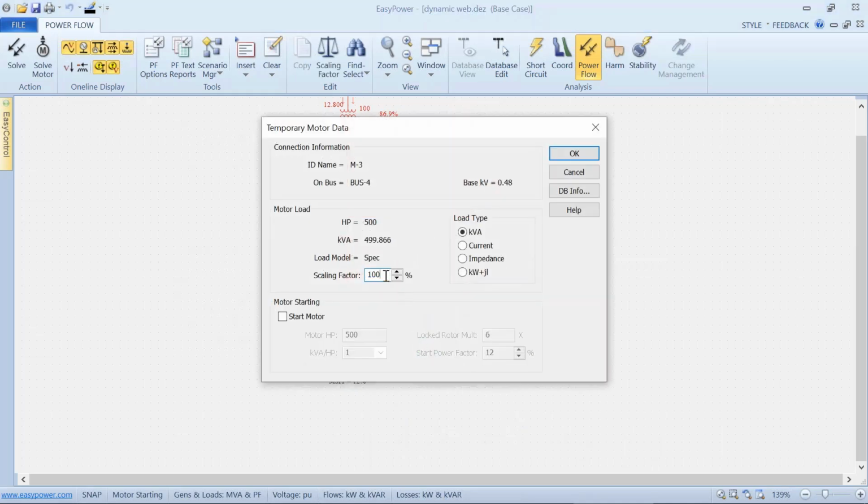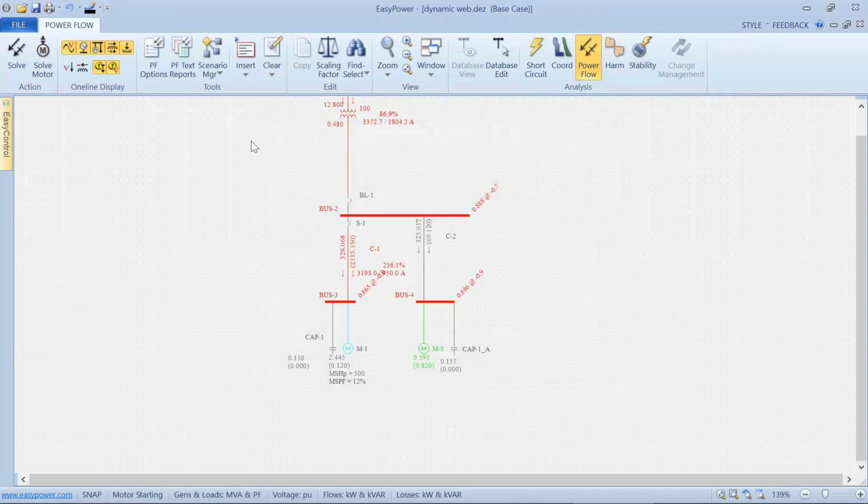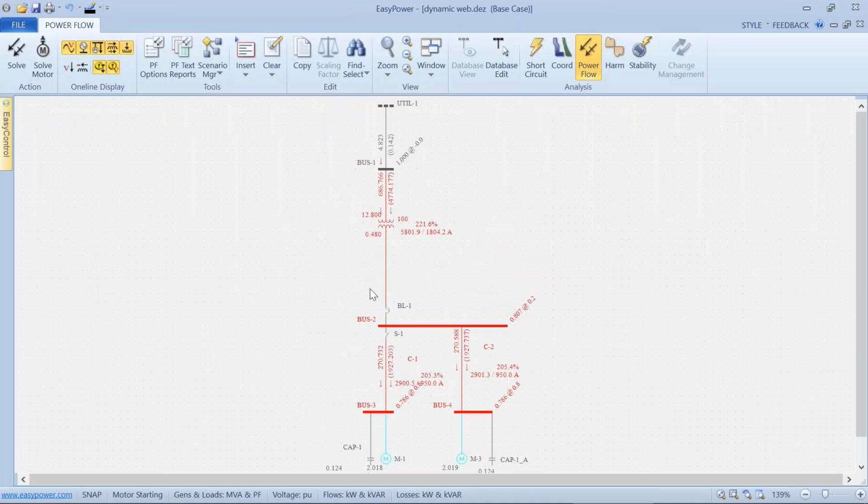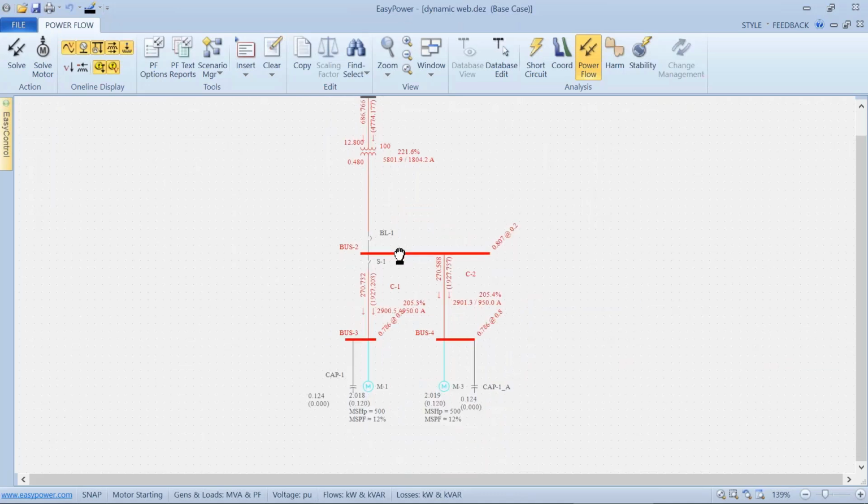Things are worse if I come back here and ask, what happens if I start two motors? If I start this one at 0 and start it simultaneously, we can see I really have a problem, or potentially a problem, if those two light off at the same time.